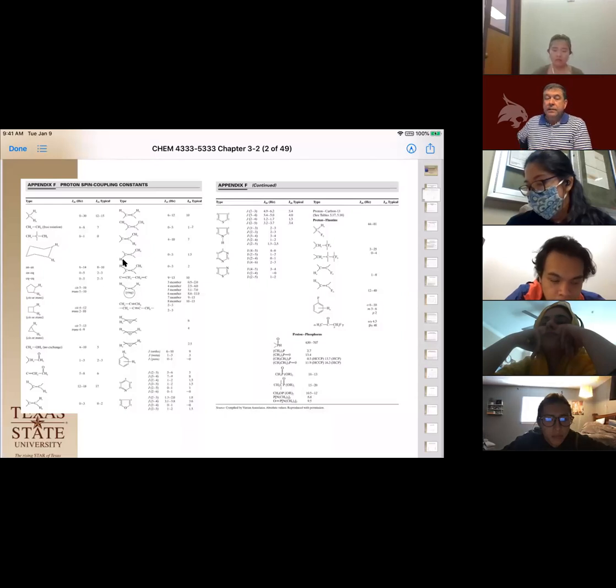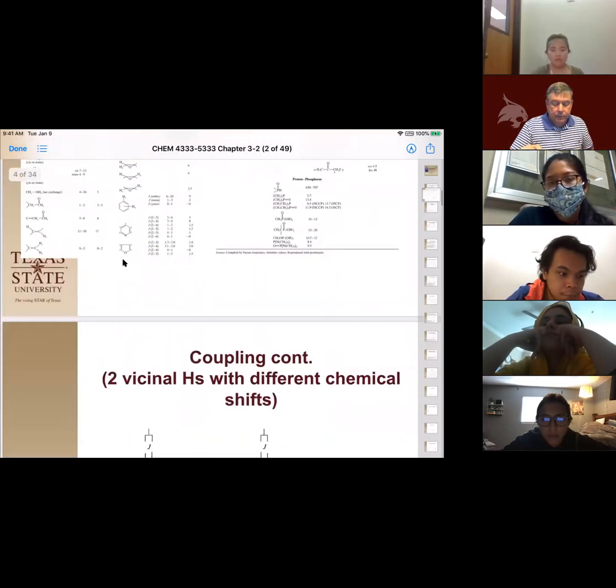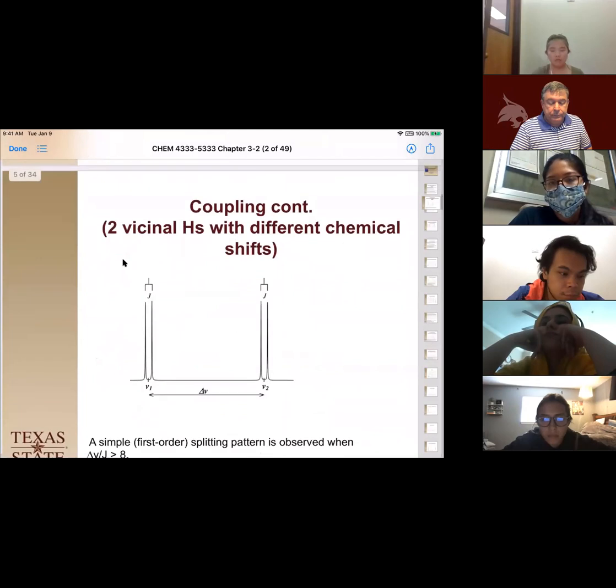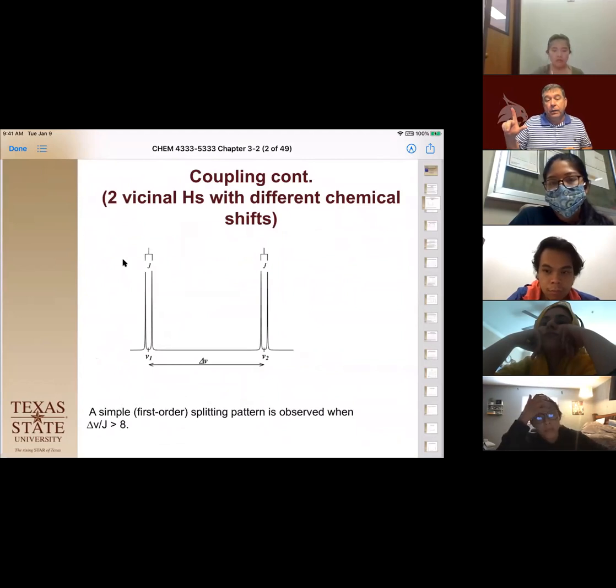Okay, so now that we know what those coupling constants look like in our table, let's talk about how to use them. The first and simplest one is when we have our J2, which is our coupling constant between the geminal. Oh, so these are vicinal, sorry. The vicinals are J3, 3 bonds, okay?